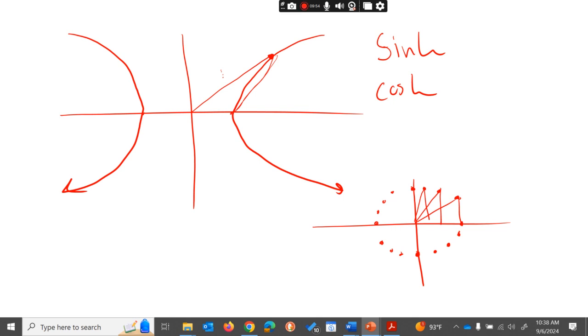What do those dots look like if you connect them? Okay, so really what's happening here is our trig functions are based upon a circle, and our hyperbolic functions are based upon a hyperbola. So we have two of the conic sections that we've designated as that. Okay, so that's cool.